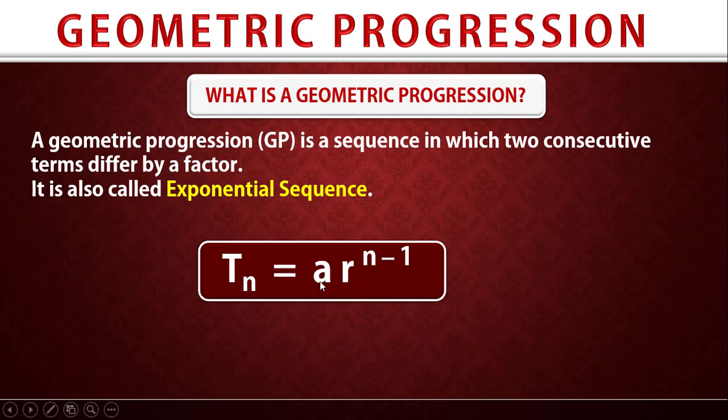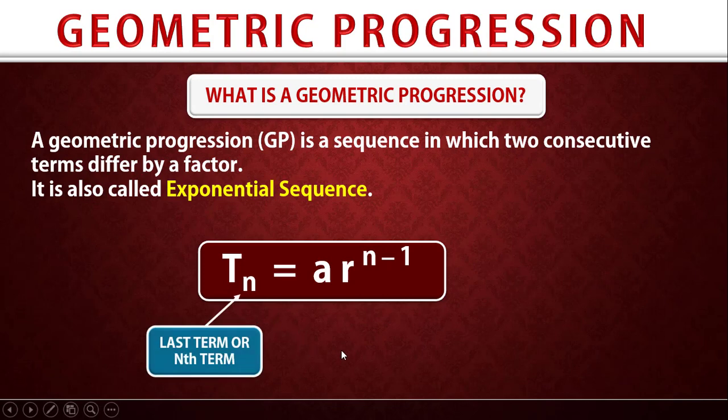Notice right here, AR simply means A times R. Then this R is raised to power n minus 1. All you need to do is to commit this formula to memory, and when you do that, you're sure to calculate your geometric progression.